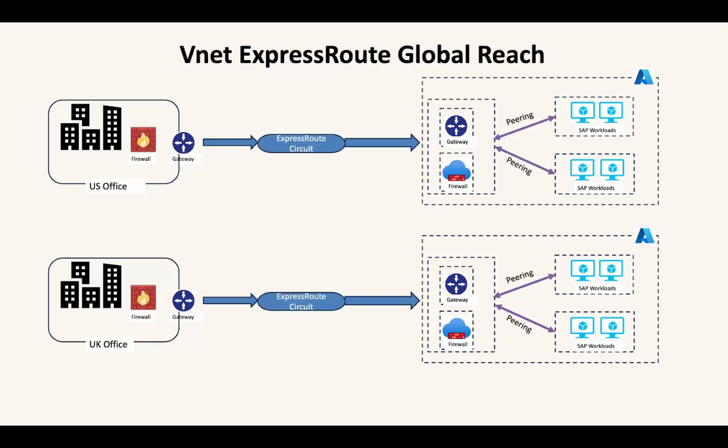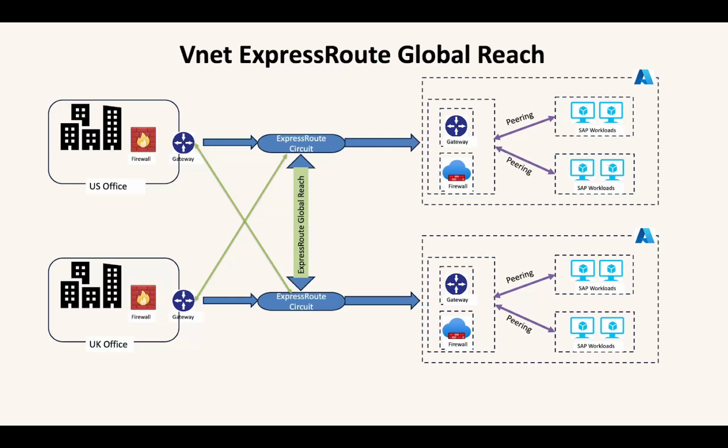With GlobalReach, you can create a private network that links various on-premises locations and Azure regions across the world. Whether you are transferring large data sets or running mission critical applications, you can do it smoothly across regions. You can create one whole global network across different offices situated in different parts of the world.